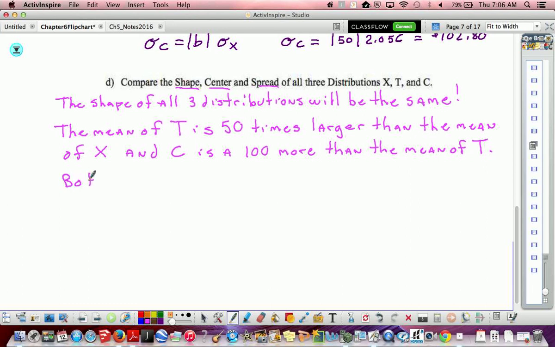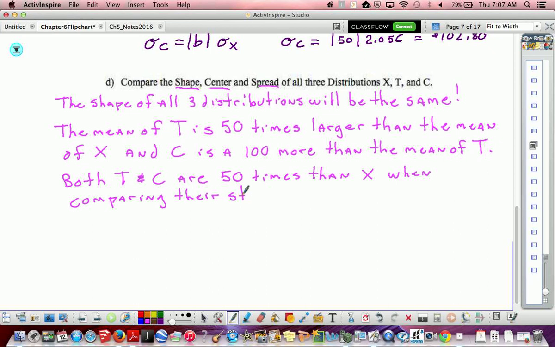We can now say both T and C are 50 times bigger than X when comparing their standard deviations.